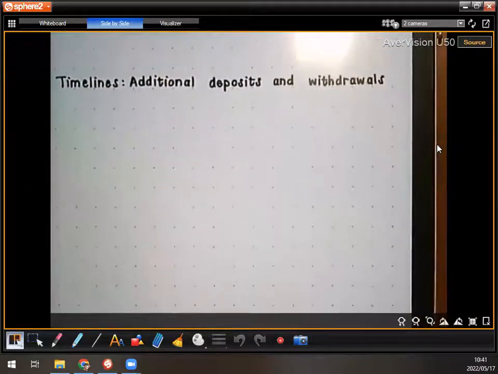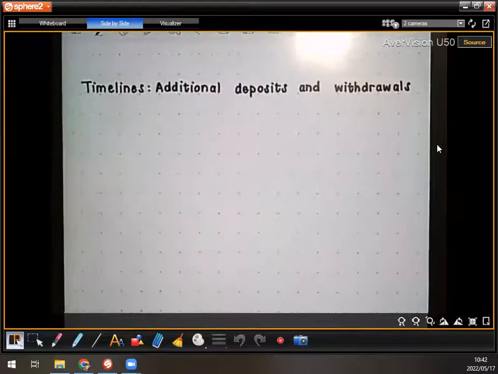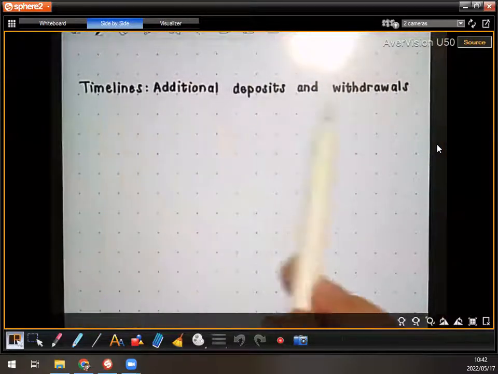Okay, guys, if you want to write the heading above that page, write that. Sorry, it's quite small.